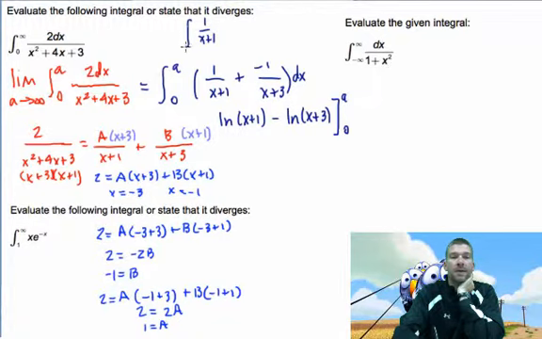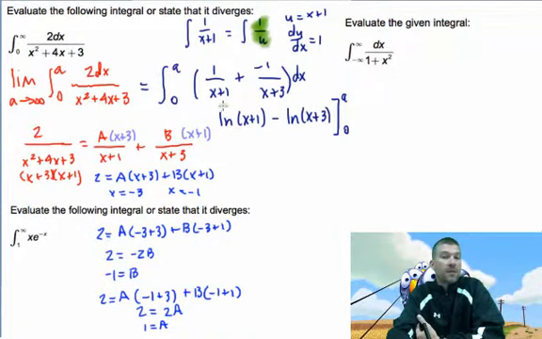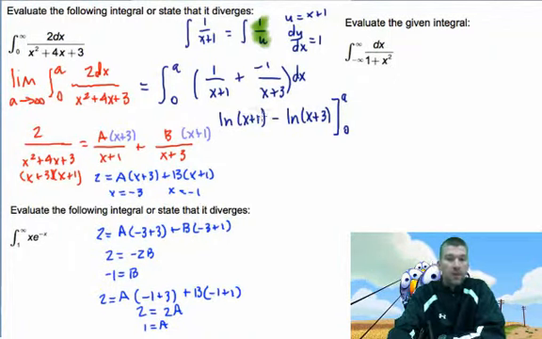That's the same as integrating 1 over u and letting u equal x plus 1, so du/dx is just 1. So when I integrate that, it becomes the natural log of u. My u in this case is x plus 1, and my other u is x plus 3.